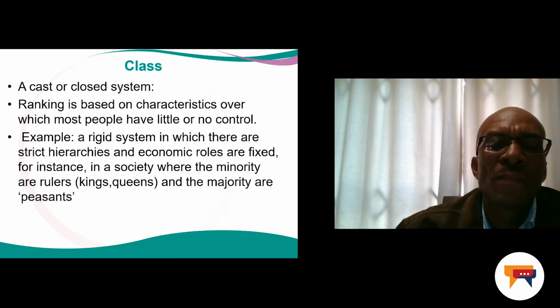For instance, in a society where the minority are rulers, such as kings and queens, and the majority are peasants.